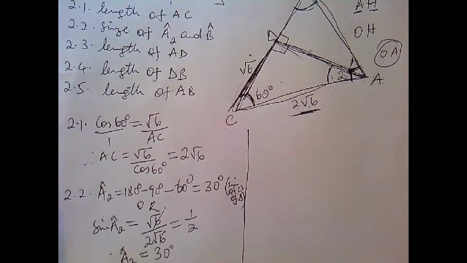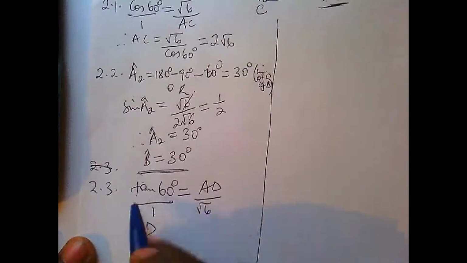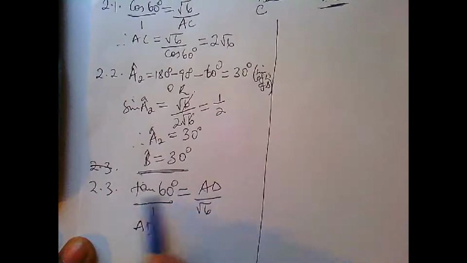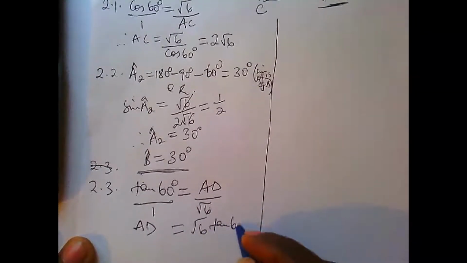Remember to cross multiply, so AD is equal to square root of 6 times tan 60 degrees.